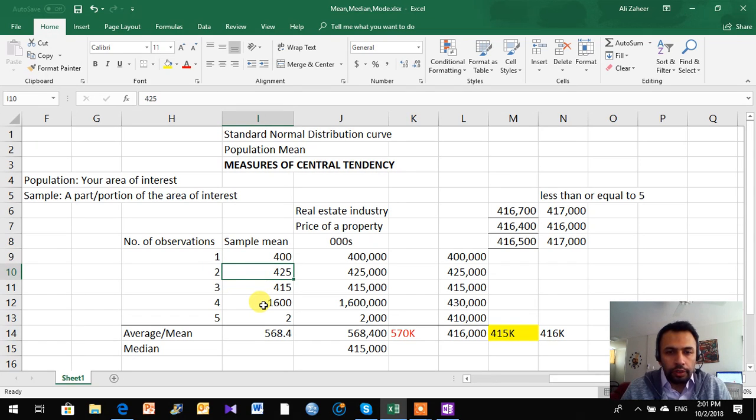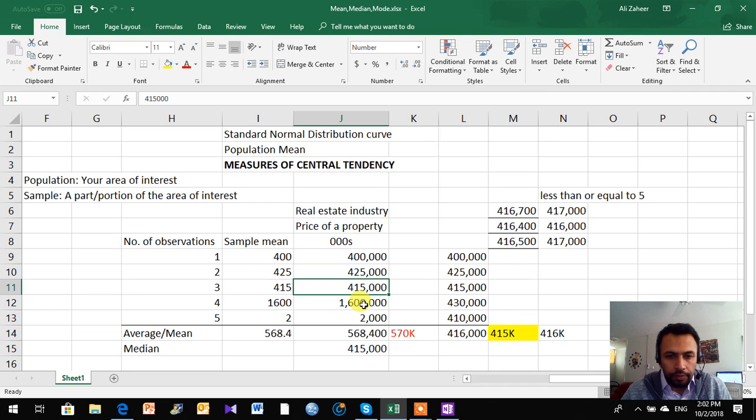Let's make it more meaningful. We assume that these numbers are represented in thousands, and they reflect the price of a certain property. So the price of the first property is 400,000, the second one is 425,000, the third one is 415,000, and so on.